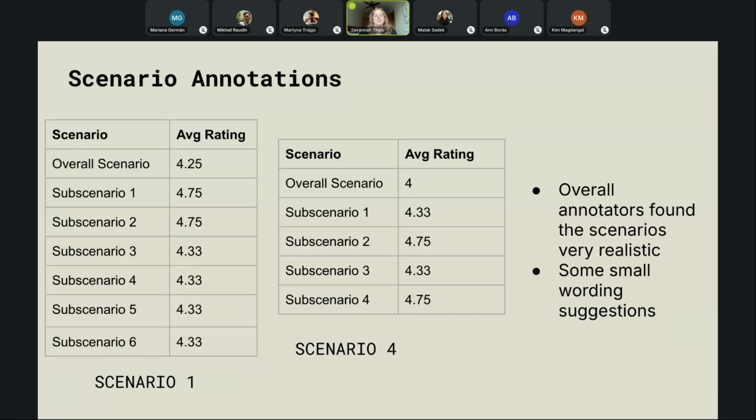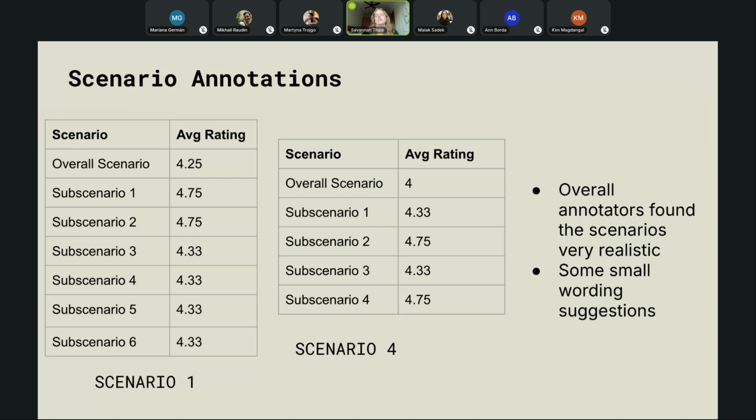So I've included some results from our annotation. So first, some scores on 2 different scenarios in our benchmark. So you can see across the annotators, for all of our scenarios and sub-scenarios, we have a score above 4 out of 5.